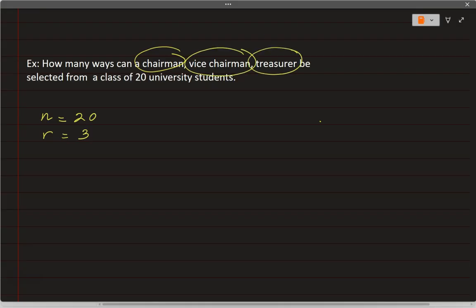That's all we have. So we can say 20 P 3 equals 20 factorial over 20 minus 3 factorial, and this would be 20 factorial over 17 factorial.